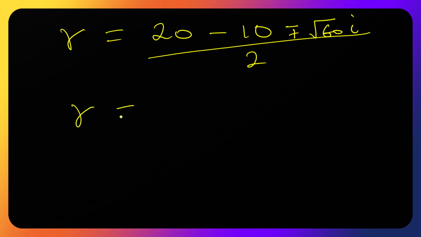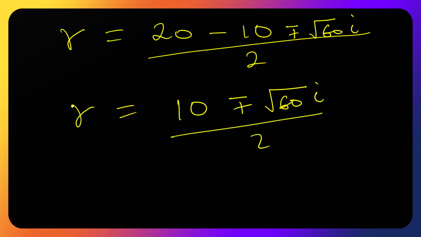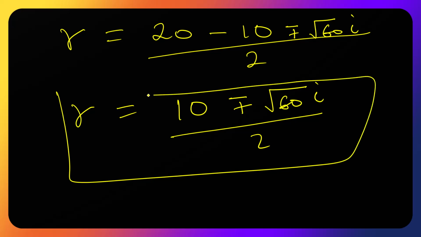So my R will be 10 minus or plus the square root of 60 i on 2. So these are the solutions. We have two solutions here. R1 is 10 minus the square root of 60 i on 2. Then R2 will be 10 plus the square root of 60 i on 2.